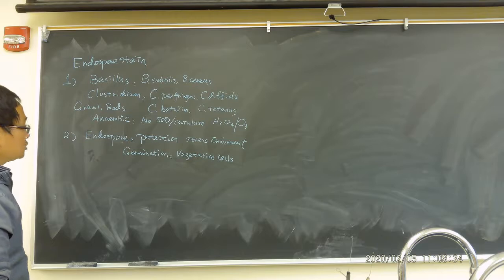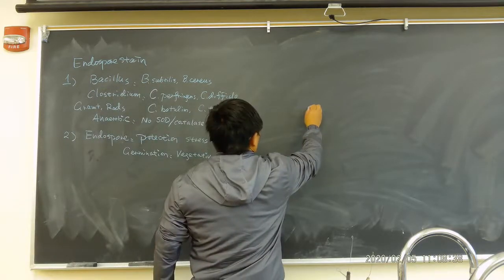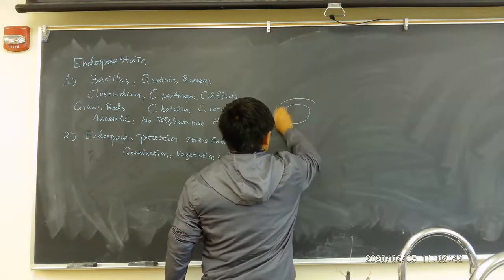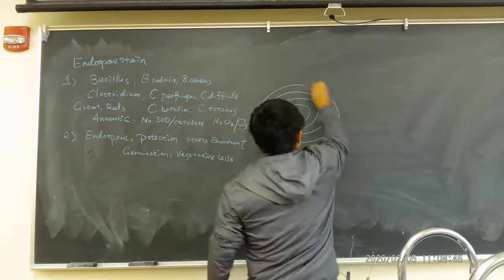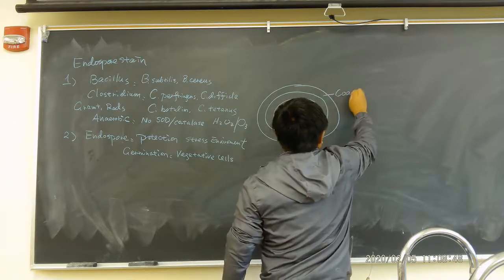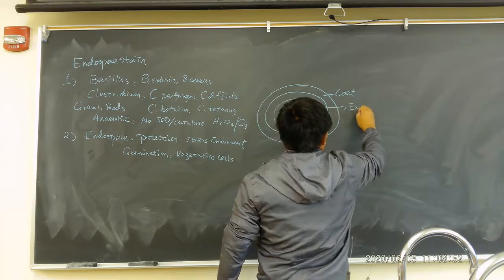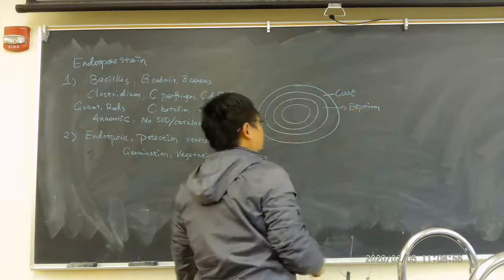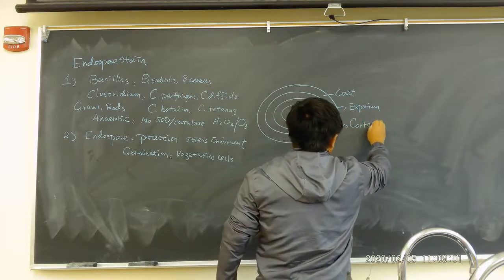Now, what is the endospore structure? If you learned this in the lecture, we talked about it very briefly. There are a couple of layers. Basically, you have a coat, an exosporium, and a structure called the cortex.